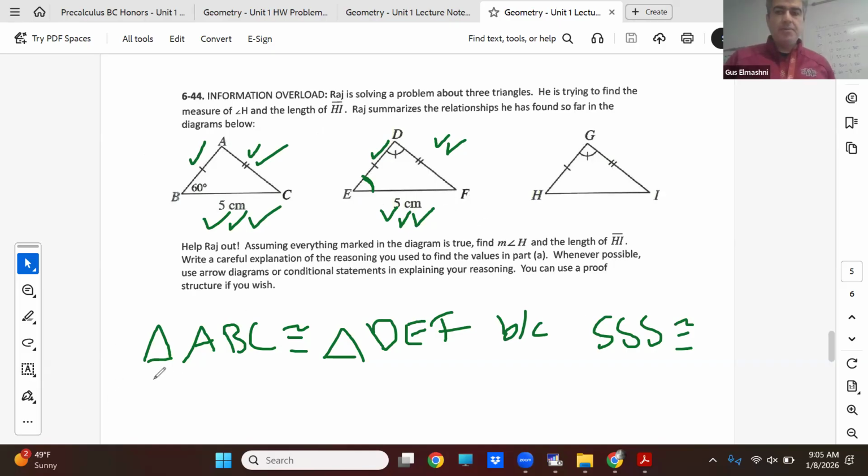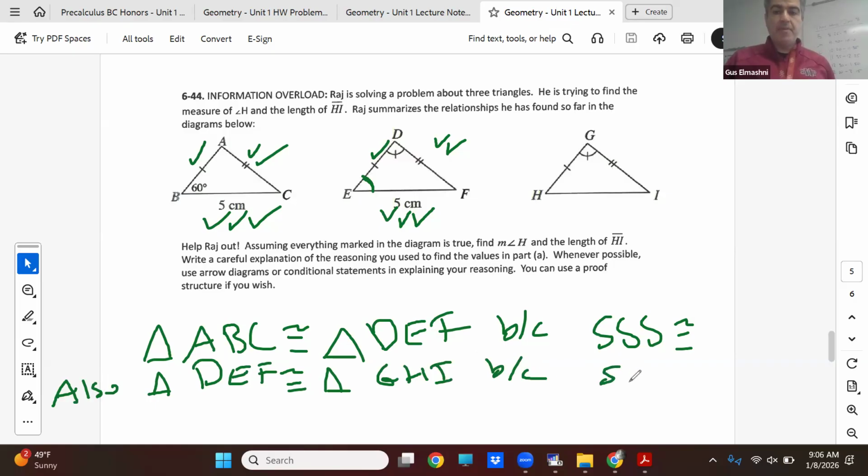Also, triangle DEF is congruent to what triangle? Yeah, GHI, because of SAS. So naturally, ABC has to be the same as GHI.